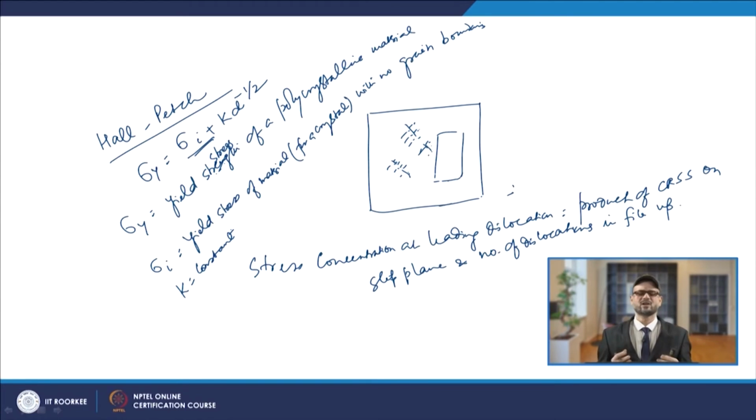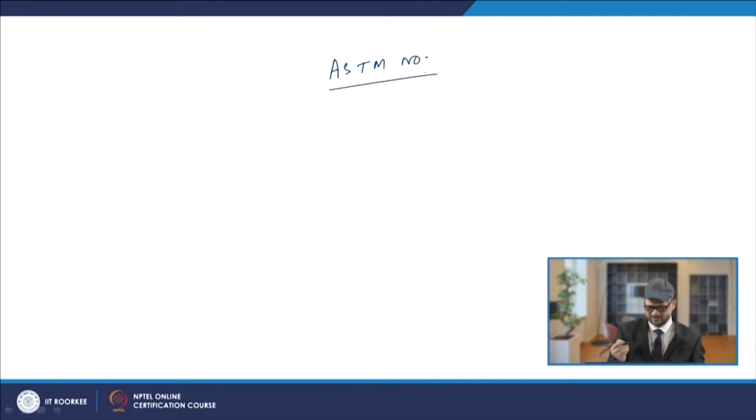That is what is clear from here. Now, as we see, normally we specify the grain sizes in terms of a number, and it is normally given by the ASTM number. So, suppose you have the ASTM number n.